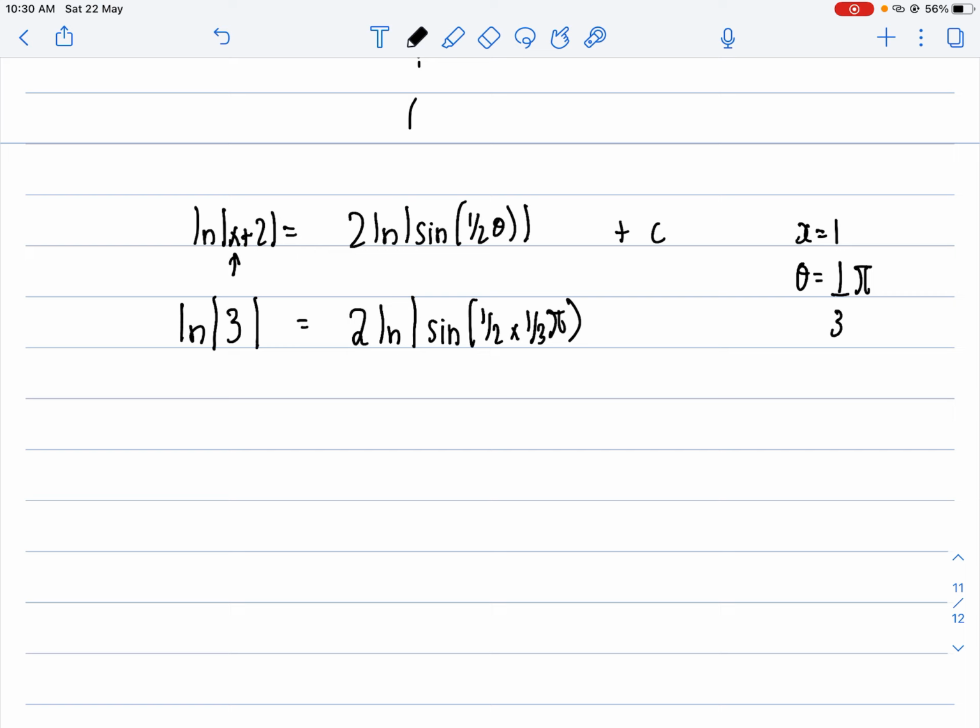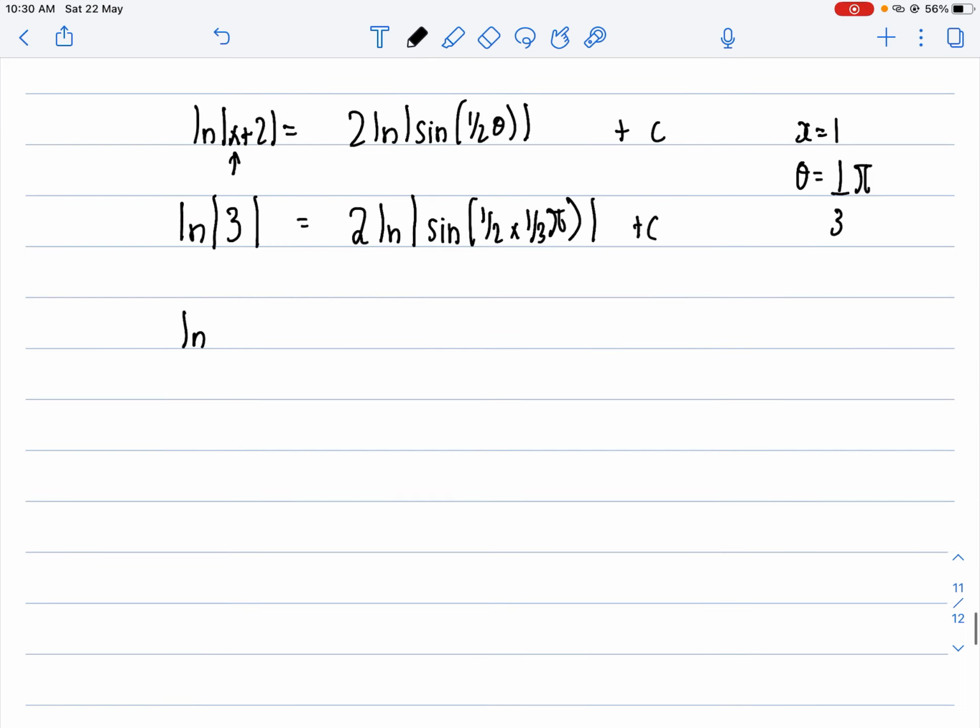Make sure you're on the radian mode. Okay, so now I can write ln 3 equals 2 ln, and on the calculator I can simply do sine of 1 over 6 pi, because 2 into 3 is 6.